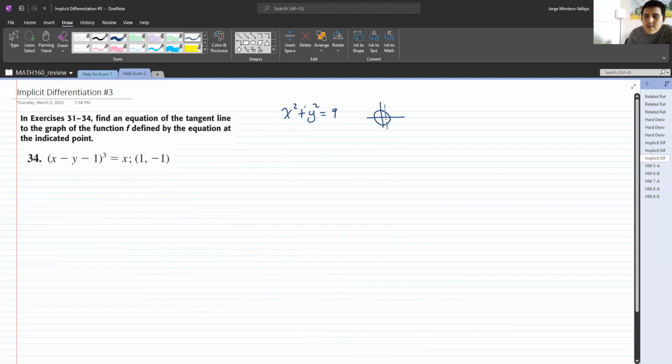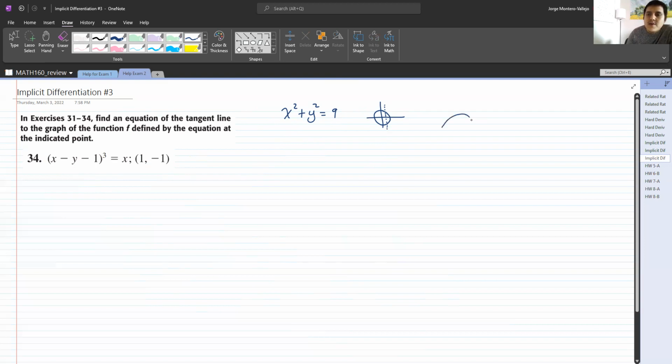Okay, so what I'm trying to say is that functions are not the only thing with curves on the xy plane. An equation like this can also represent a curve on the xy plane. So I'm looking at the curve given by this equation. I'm looking at the graph of it.